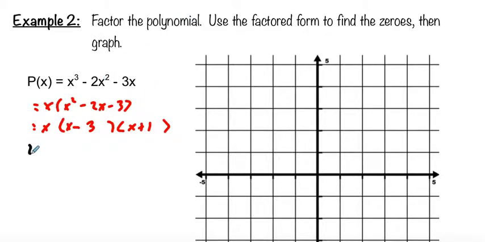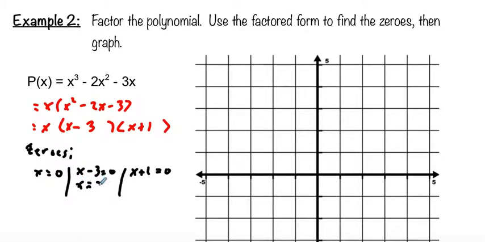So let's go ahead and name our zeros. If you see them, you can just go ahead and name them. If you don't, then you set each of them equal to 0, and you solve for x in each of these. So here x equals 0. Here I would just add 3, and I get 3.